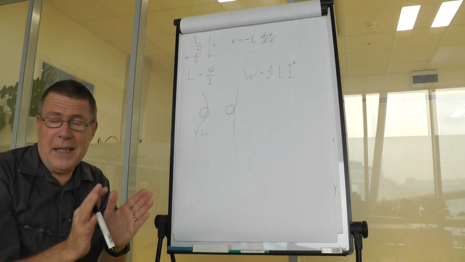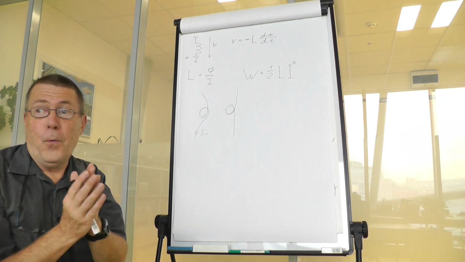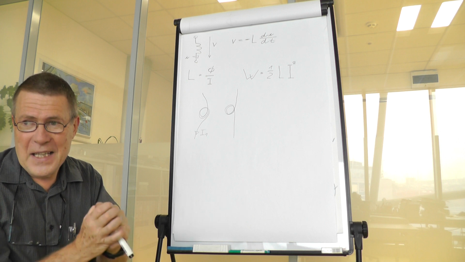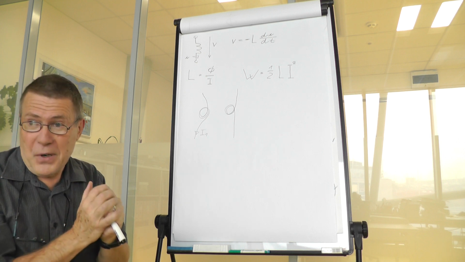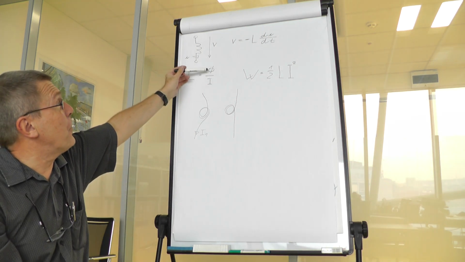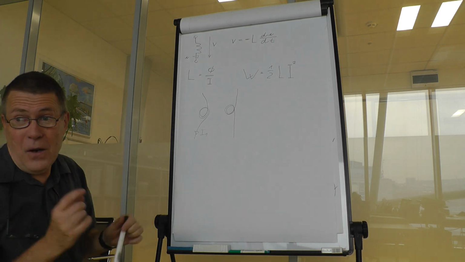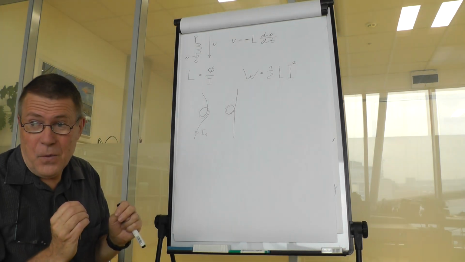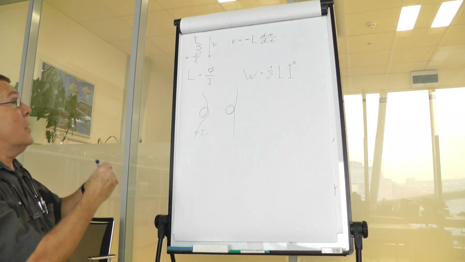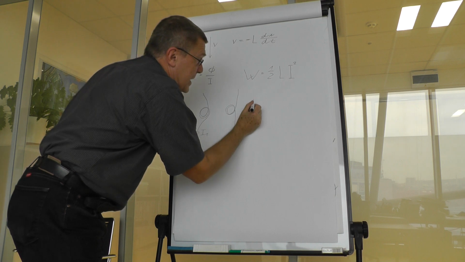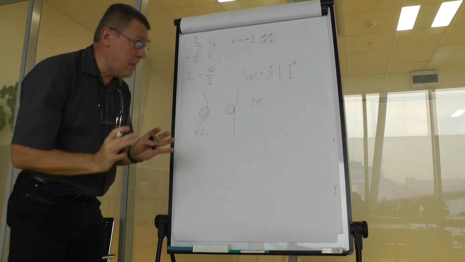We can define it again in several manners. First, of course, we can use a static definition which will be expressed in terms of magnetic flux and current. But now we have to be careful which magnetic flux and which current. A mutual inductance is denoted by M. The unit again is Henry.